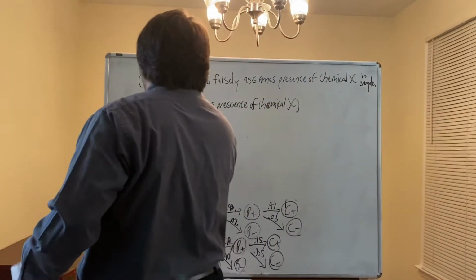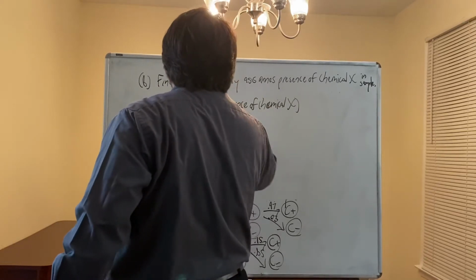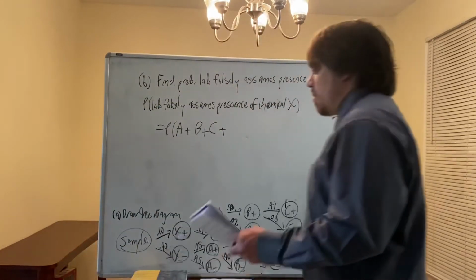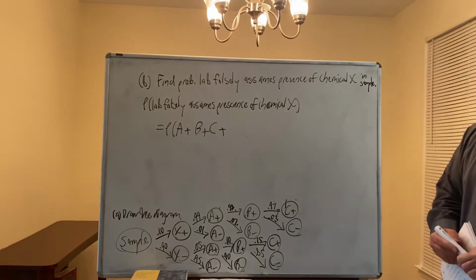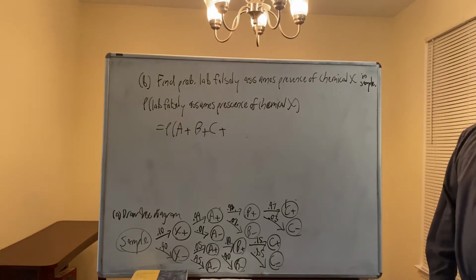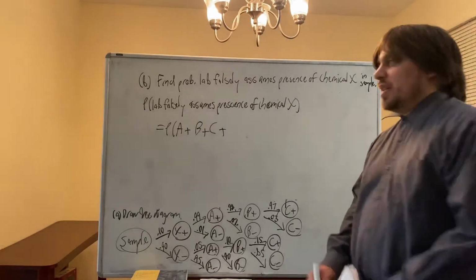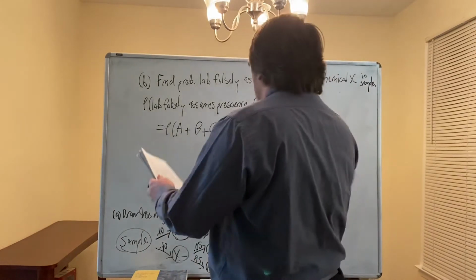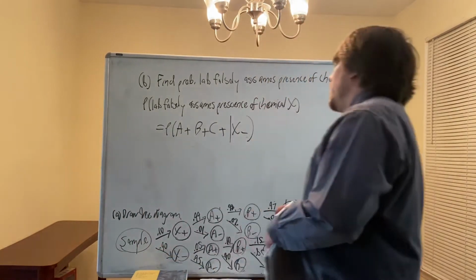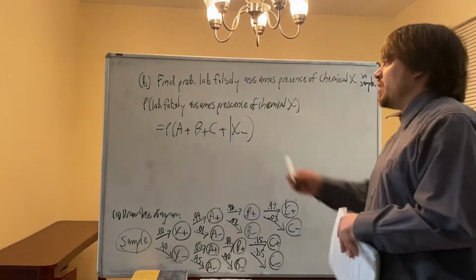that is equal to the probability that test A comes back positive, test B comes back positive, and test C comes back positive, because in order for the lab to believe that chemical X is in its sample, the lab technicians see that all three tests come back positive, A, B, and C. So this is the probability of A plus, B plus, and C plus, given the event X minus, which is when chemical X is not in the sample, right?